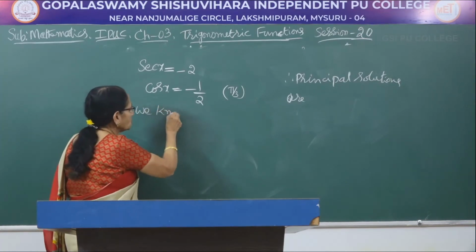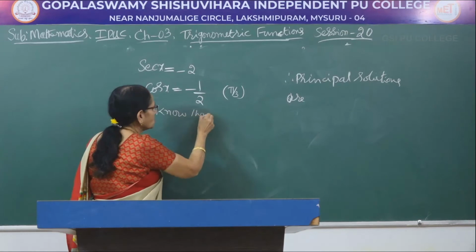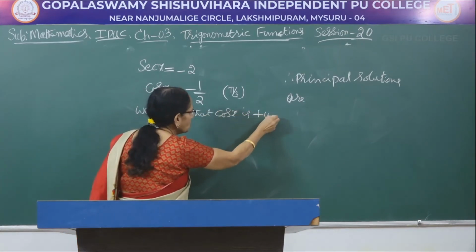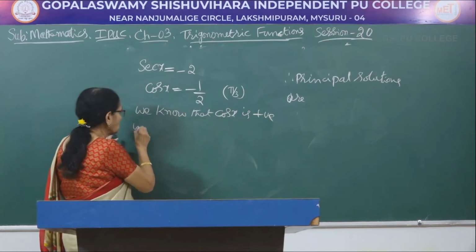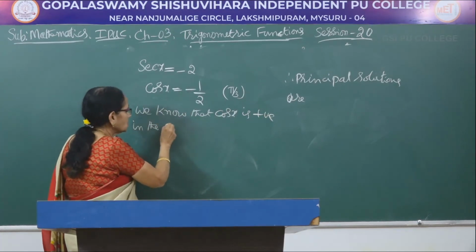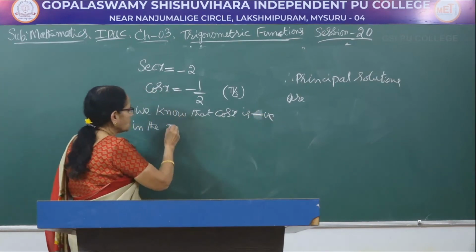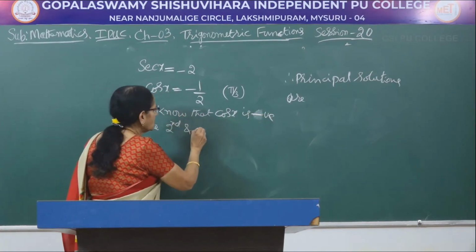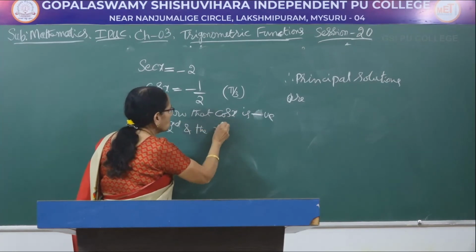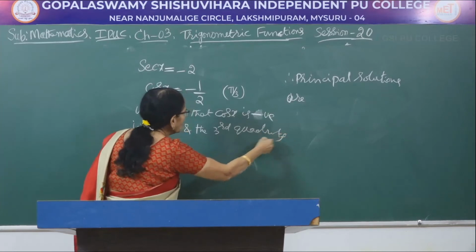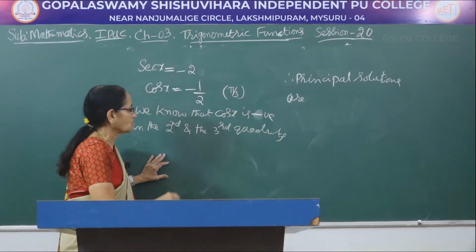We know that cos x is negative in the second and the third quadrants.